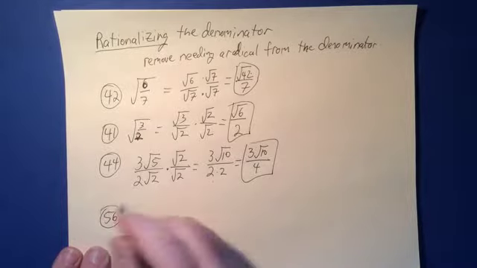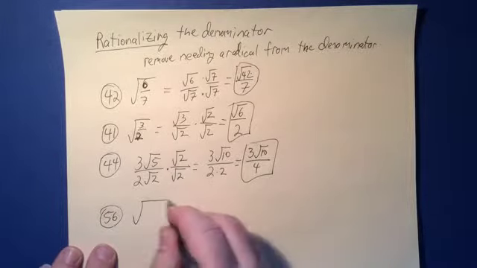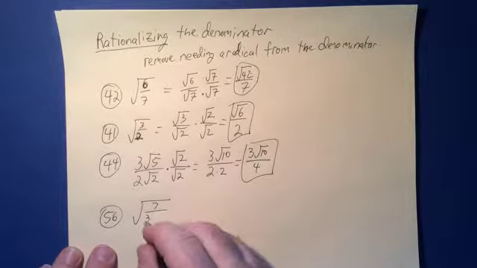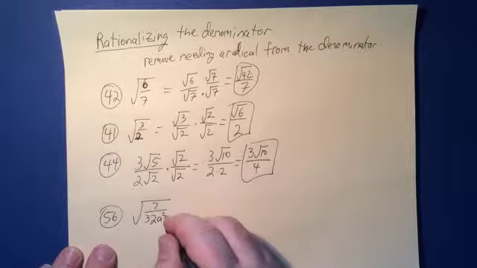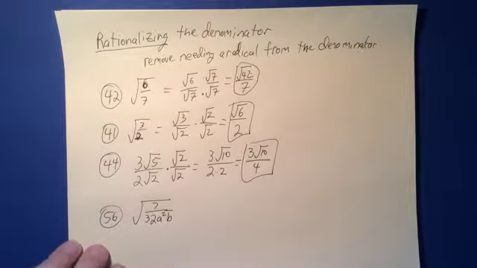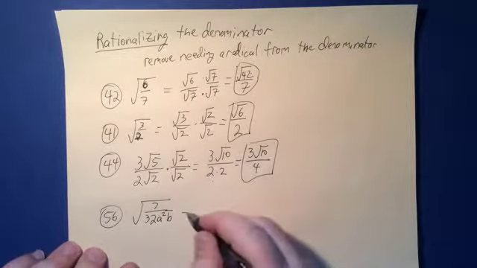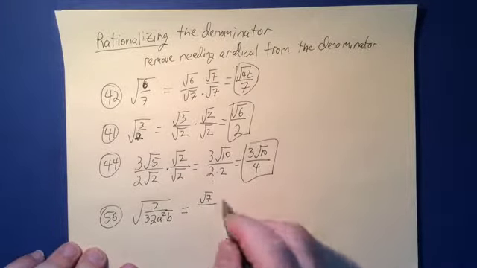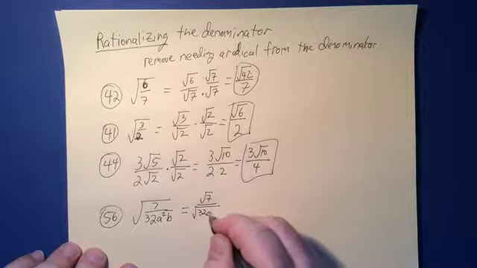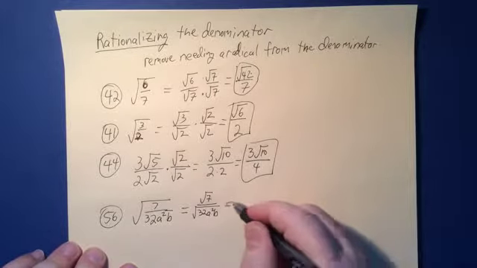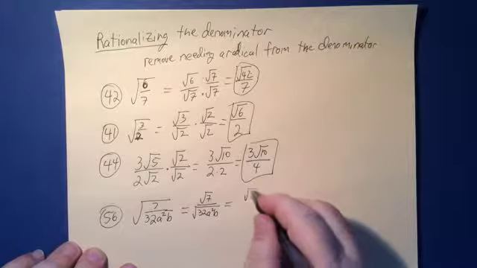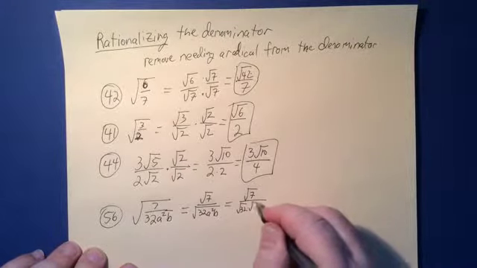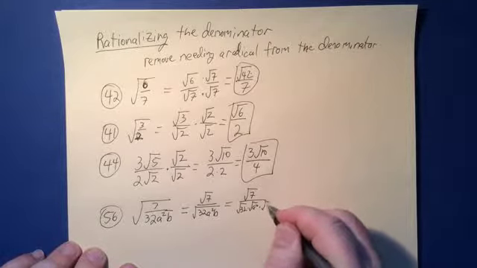So 56. Here I have the square root of 7 over the square root of 32a squared b. I'm going to split this up, making this the square root of 7 over the square root of 32a squared b.